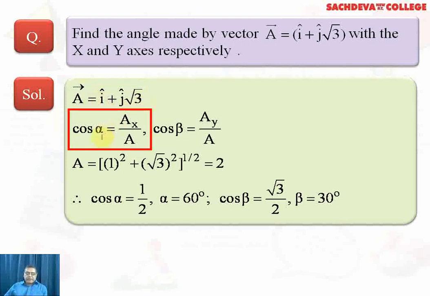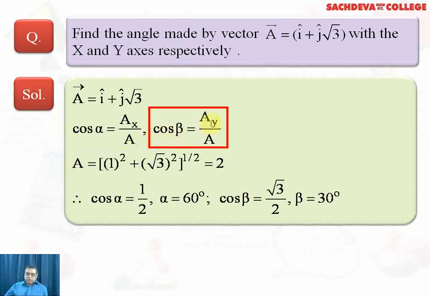In order to find cos alpha, we first take Ax, the component along the x-axis, and divide it by the magnitude of vector A. Similarly, cos beta is equal to the ratio of Ay and A. Ay means the component along the y-axis, and A is the magnitude of vector A. So we have to take the ratios.